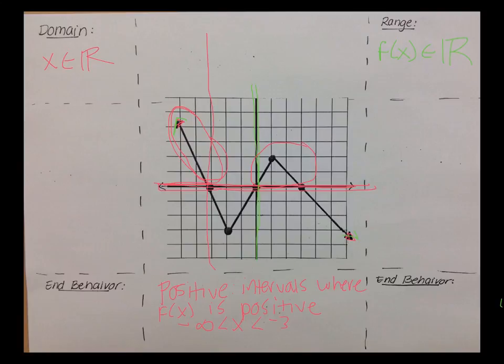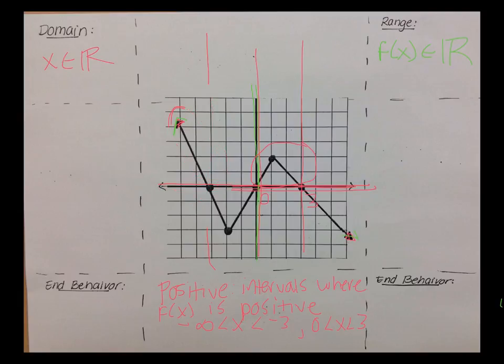So the interval starts over here at negative infinity and goes all the way up to -3. The next interval that we're talking about is from here to here. That's the next positive interval. So our other interval where it's positive is 0 up until +3. So from x is 0 to x is +3 is positive as well.